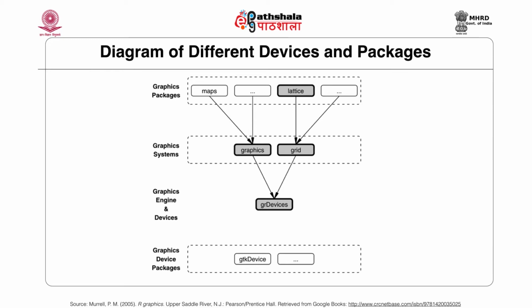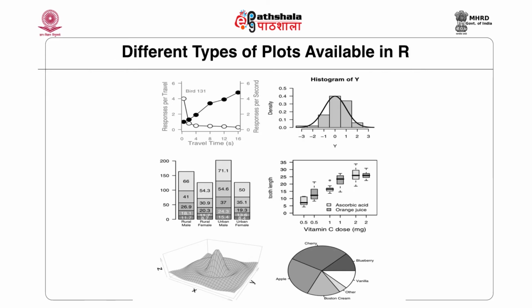So let's take a look at the different kinds of plots that are available in R. I'm only going to show you a few very popular and interesting graphic applications, though there are quite a few available. The set of graphs you're seeing on the screen are based on the inbuilt traditional graphics system.